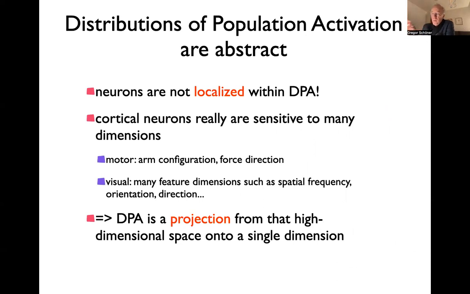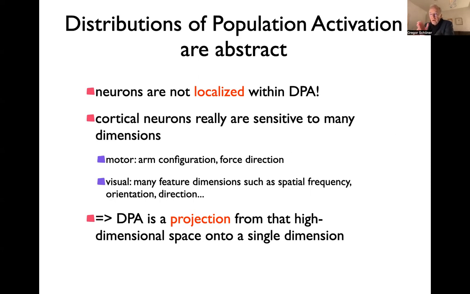So the main point about this motor example, why I belabored it again, is that it illustrates very clearly that when we consider these distributions of population activation as estimates of a field, it's not sampling the field dimensions by neurons by their peak value, because every neuron contributes its whole tuning curve. So you could think of these fields as a bit more abstract. That's why I don't even like to talk about activation variables as neurons, because it's always a collective effect.